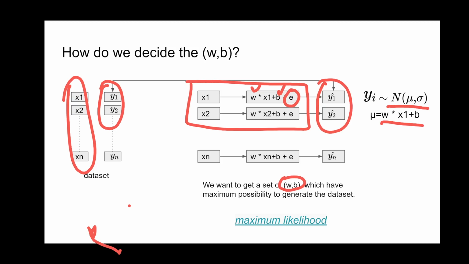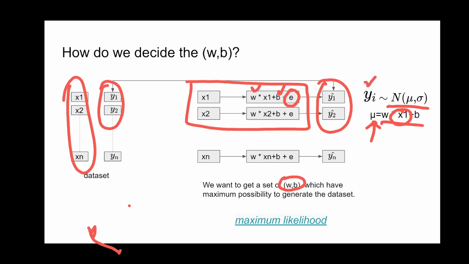Then for a specific x here, we decide the mean value by using this formula, and then we sample data from the distribution to be the y here.